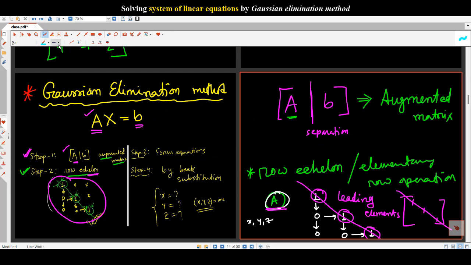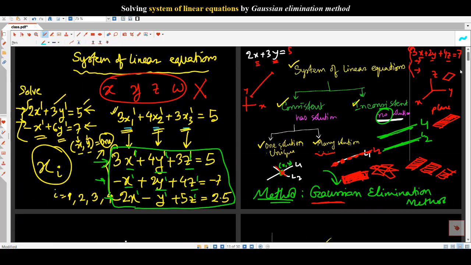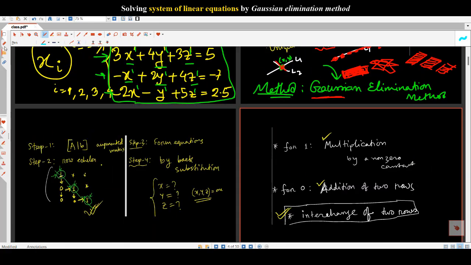So step 2 is very important: how to convert this augmented matrix to a row echelon matrix. Here you have 3 operations to consider. You are familiar with matrix algebra. You know matrix addition, subtraction, multiplication.